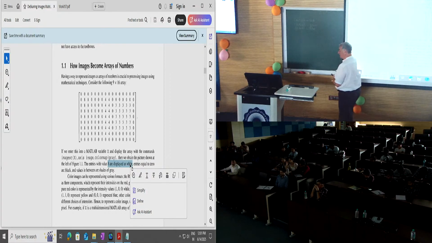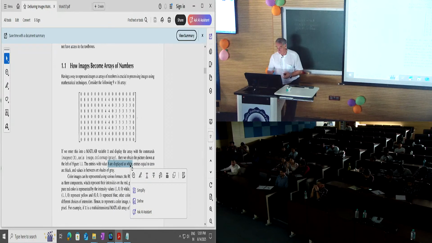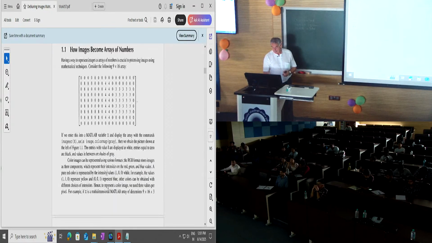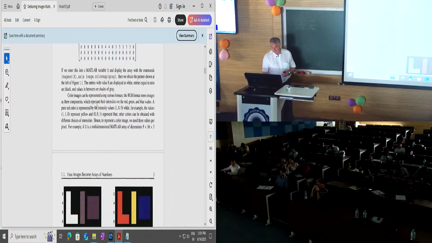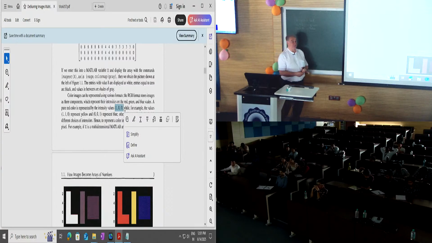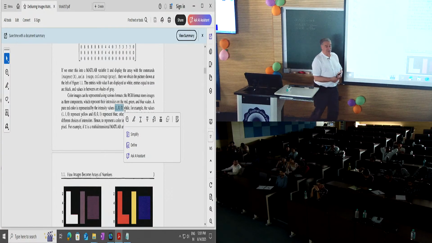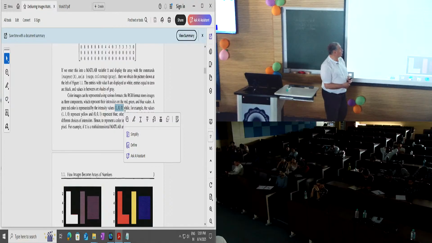If we want to consider a color image, then we must use tensors. Three-dimensional tensors are applicable in processing color images. RGB format is one of the possible formats in processing color images.